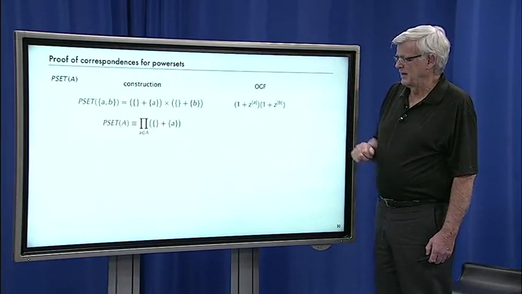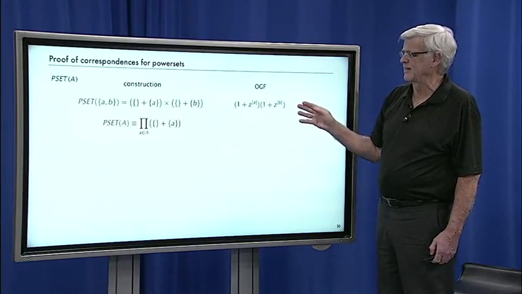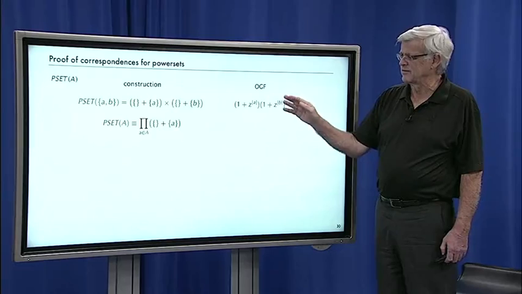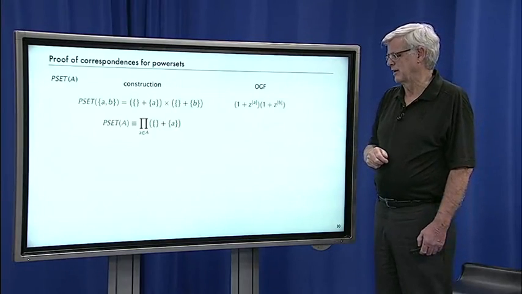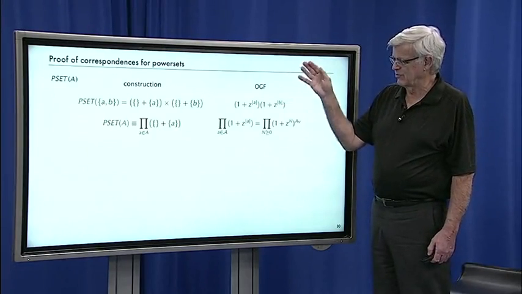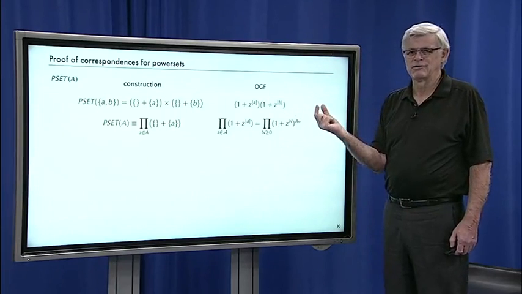A power set of a combinatorial class, then, just extending that, is the product over all objects in the class of empty plus the object. And so the generating function translates immediately to 1 plus z to the size of the object.